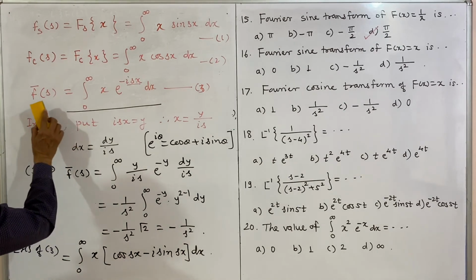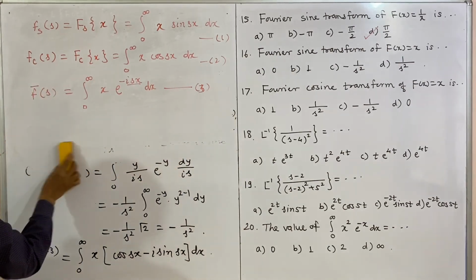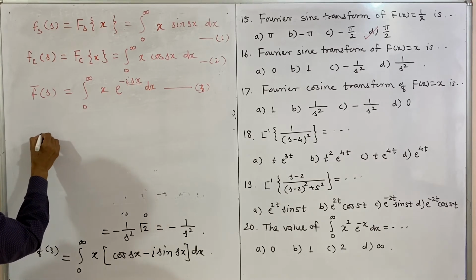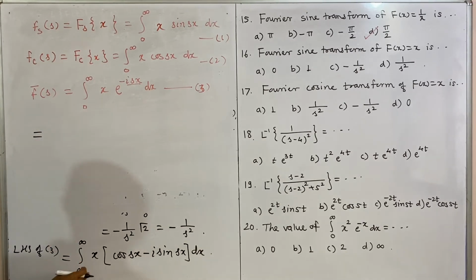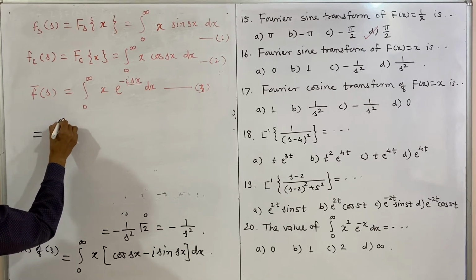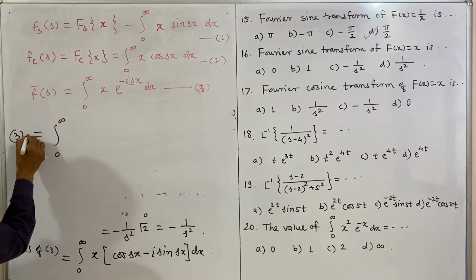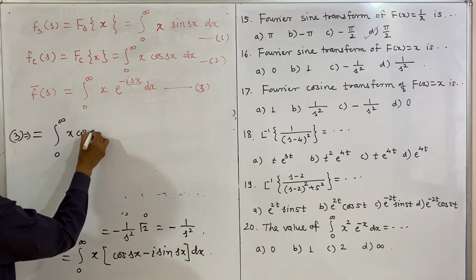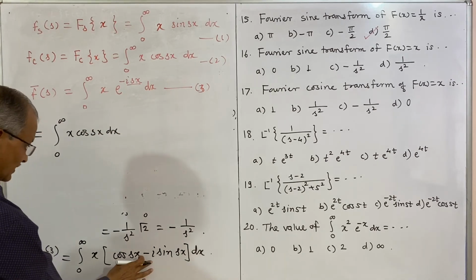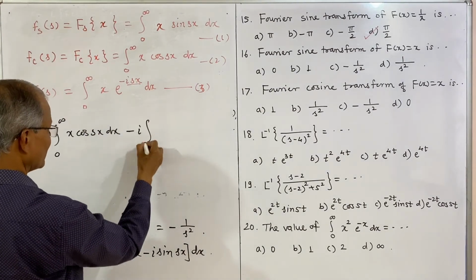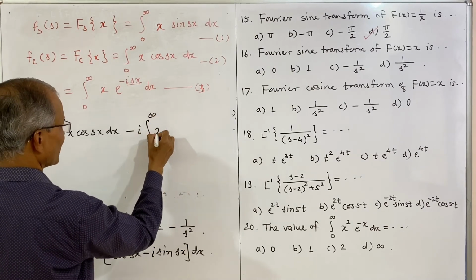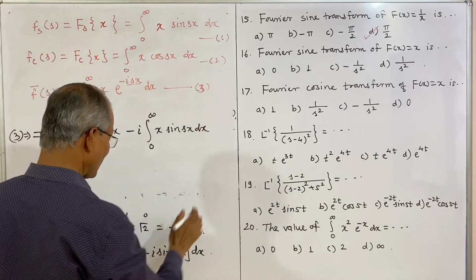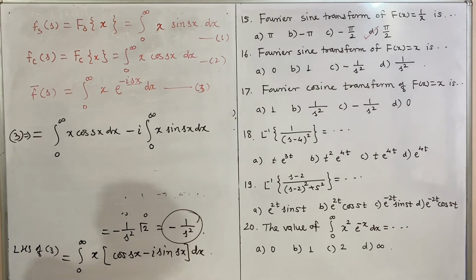The LHS of 3 implies integral 0 to infinity x cos sx dx, minus i integral 0 to infinity x sin sx dx. But this value we have obtained as minus 1 upon s square. Earlier we have obtained this.